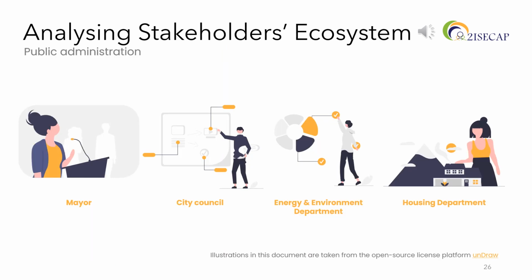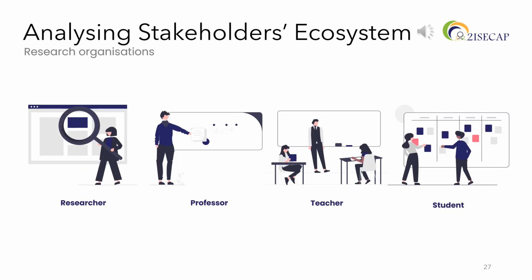Here are some examples of stakeholders within the public administration sector. City council members, the mayor, or the representatives of specific departments. The research group could be represented by researchers, university professors, students, as well as school teachers.